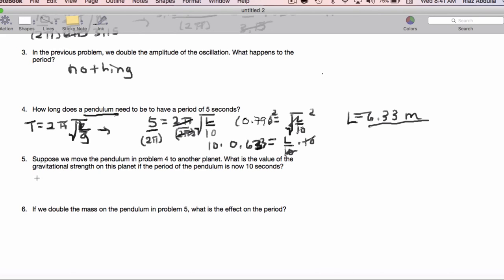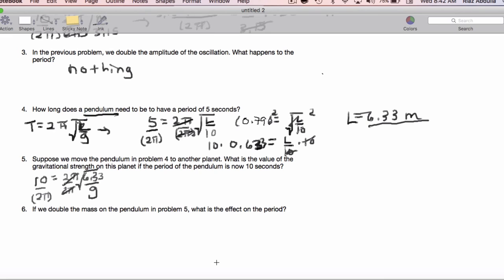So we're going to have 10 equals 2 times pi square root of L, which is 6.33, divided by g, and it's actually our g that is unknown. Once again, let's divide both sides by 2 pi. That'll cancel here.